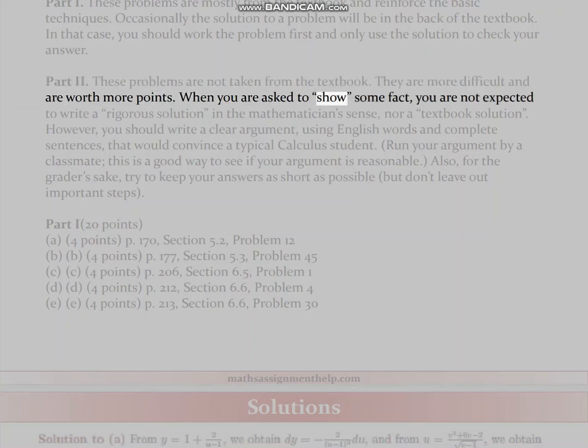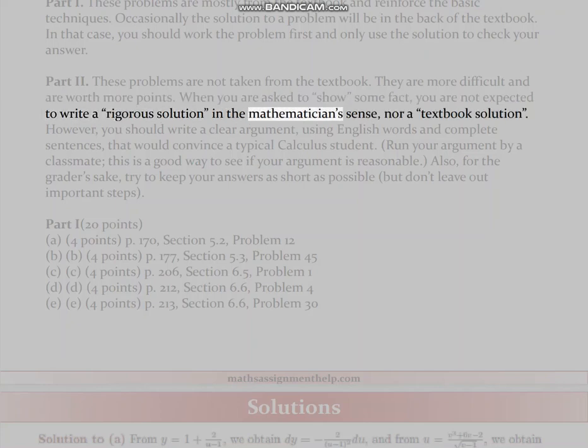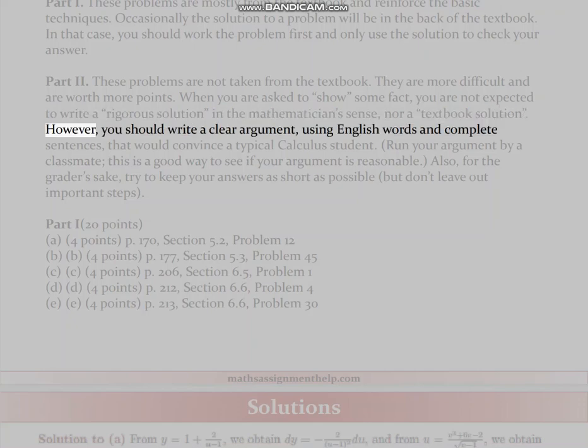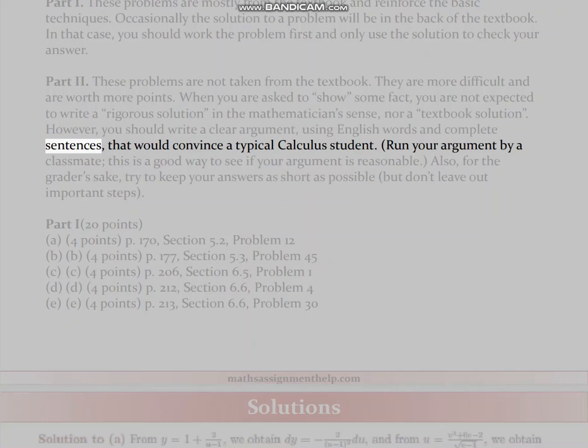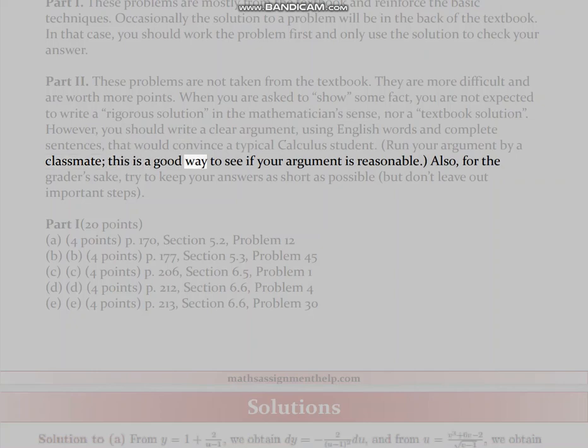When you are asked to show some fact, you are not expected to write a rigorous solution in the mathematician's sense, nor a textbook solution. However, you should write a clear argument, using English words and complete sentences, that would convince a typical calculus student. Run your argument by a classmate. This is a good way to see if your argument is reasonable.